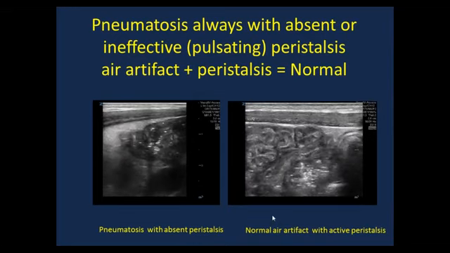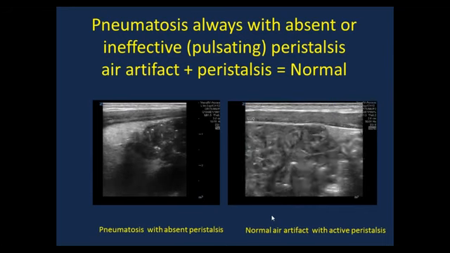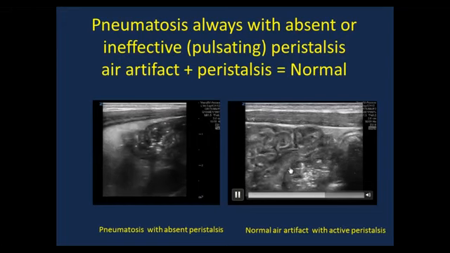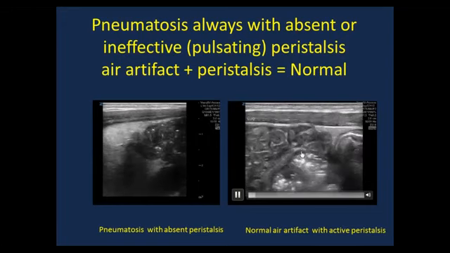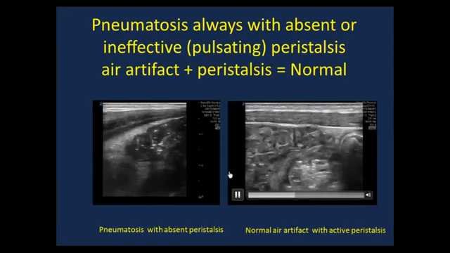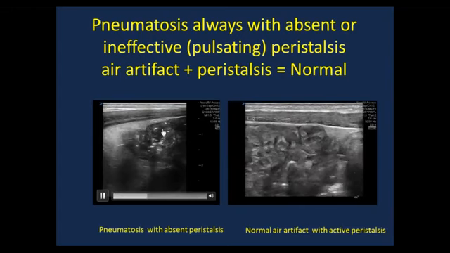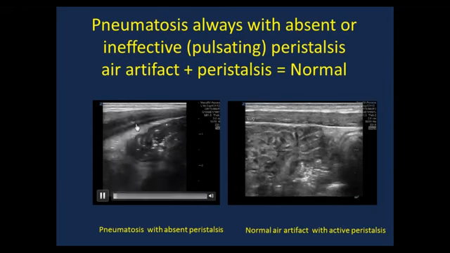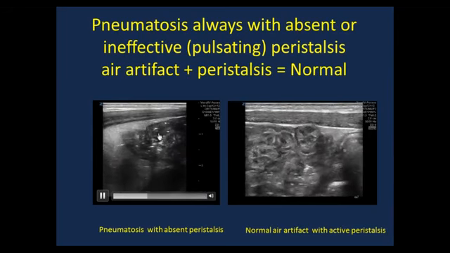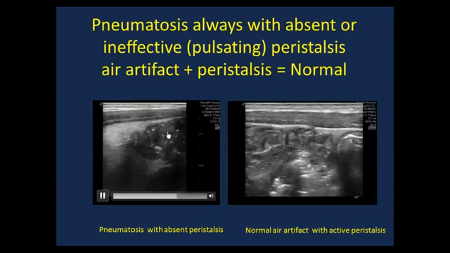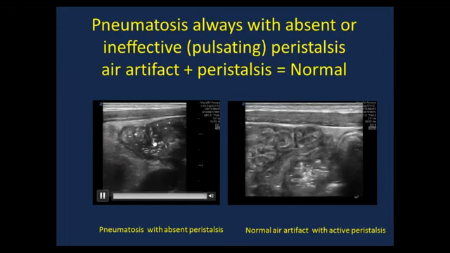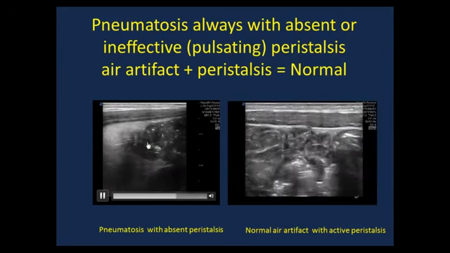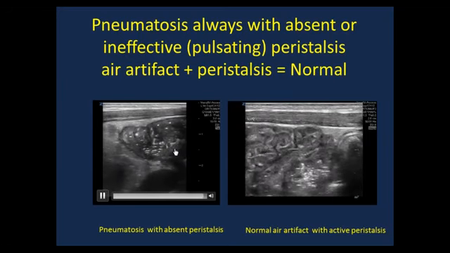Pneumatosis intestinalis can be confused with air artifacts in the intestine. In the video clips we can differentiate that by active peristalsis. So on the left hand side there is an area of pneumatosis, there is no active peristalsis, and the movement actually is my hand. I'm trying to push the air away from the intestine to see if these foci are pneumatosis intestinalis or artifacts.